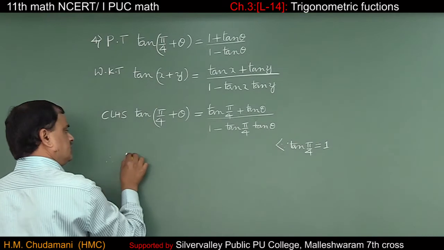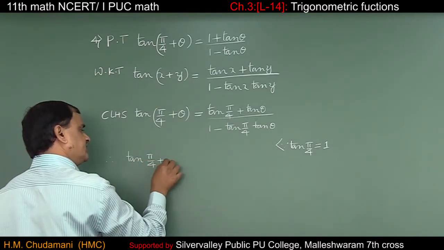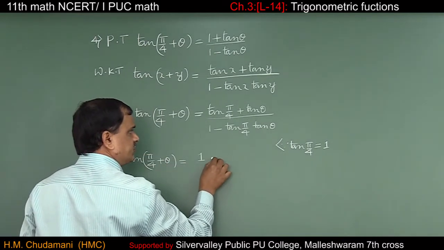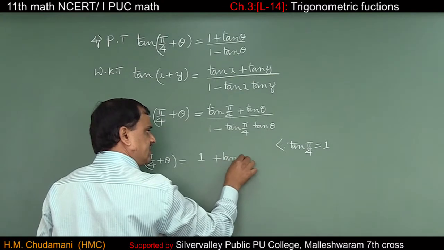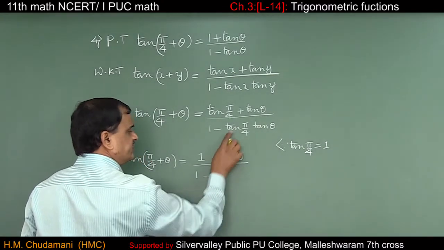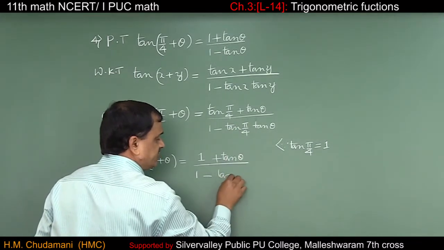So therefore, tan of pi by 4 plus theta is equal to tan pi by 4 is 1 plus tan theta divided by 1 minus tan pi by 4 is 1, 1 into tan theta means tan theta.